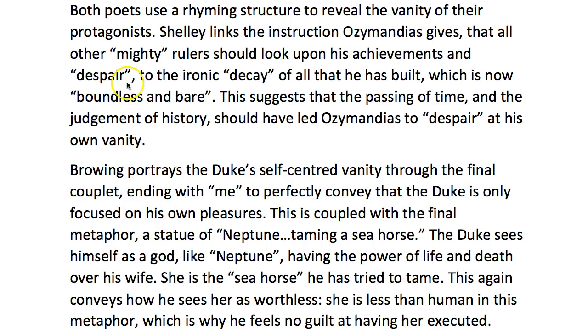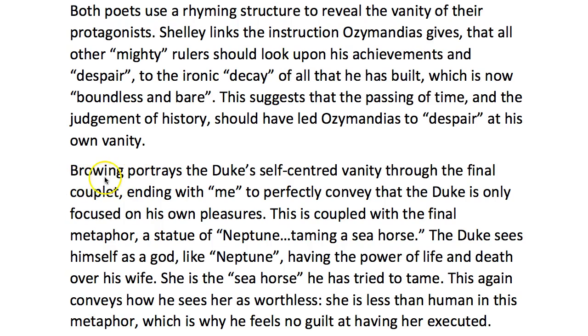And that's because of the way he rhymes despair and bare. He's showing that his own creation has become bare, which is like the despair he wants other people to feel, but actually he should feel himself. So that's how I've attempted to show that the rhyming structure is an attack on Ozymandias' own vanity.